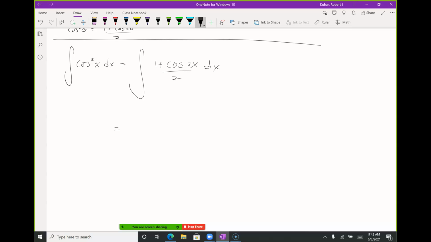And I've got it memorized, or I've got it on my formula sheet, or both. So I get two integrals out of this. I get the integral of 1/2 dx, I'm just dividing and conquering, plus 1/2 of the integral of cos of 2x dx.